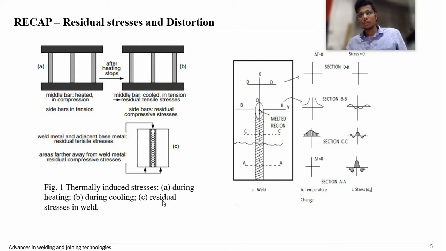And now I'll explain with respect to the temperature and stress graph in the weld joint. Suppose this is a weld joint, and let me take a pen. One second.